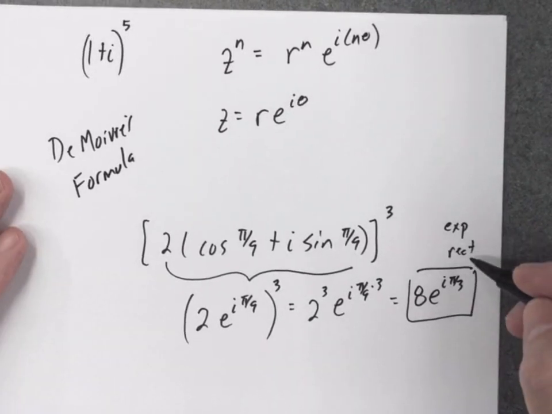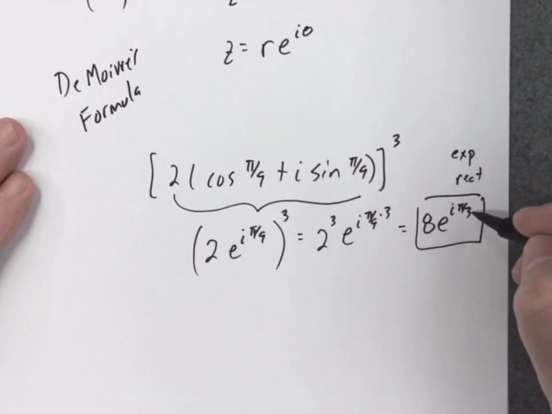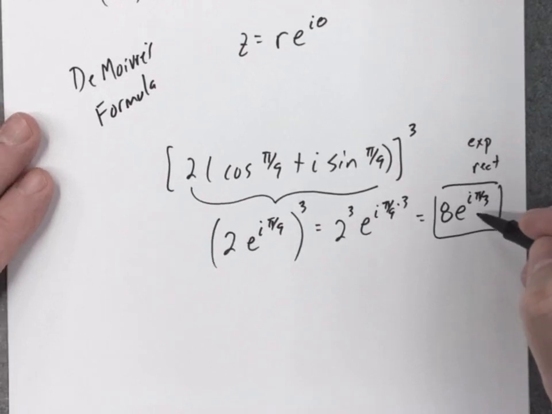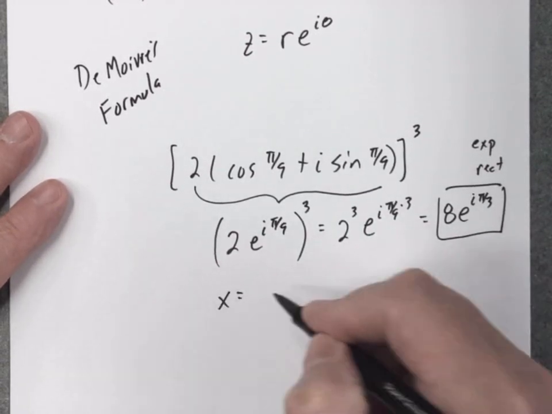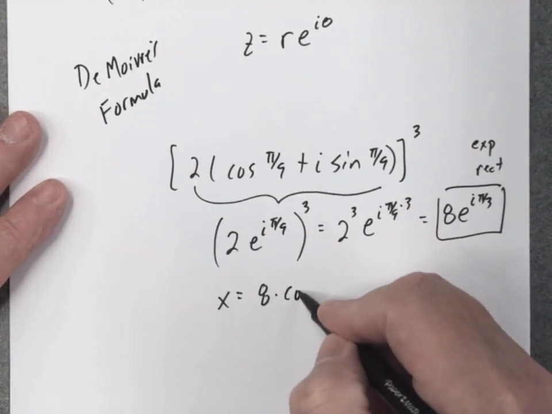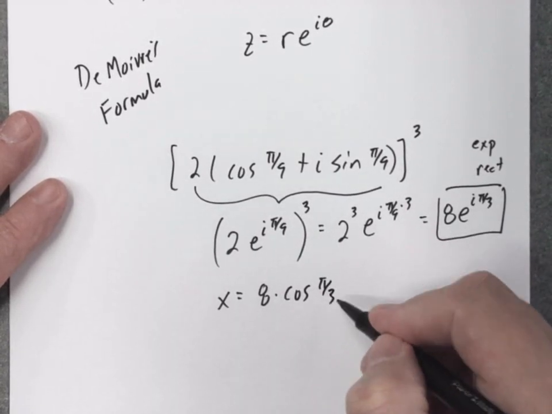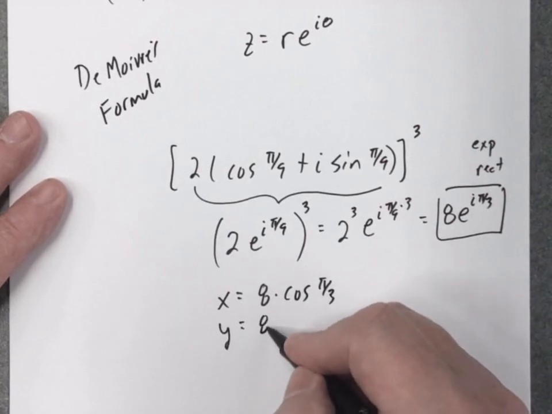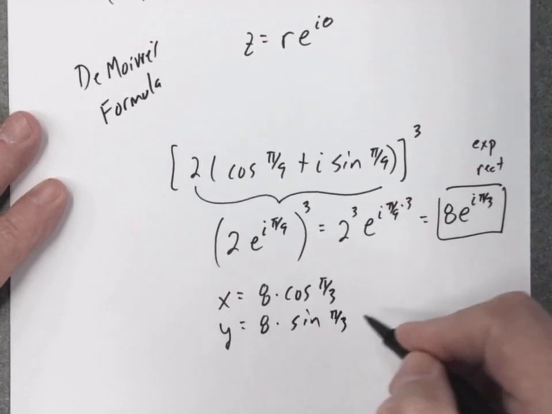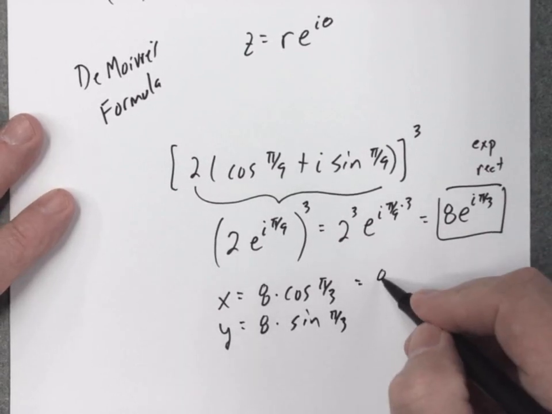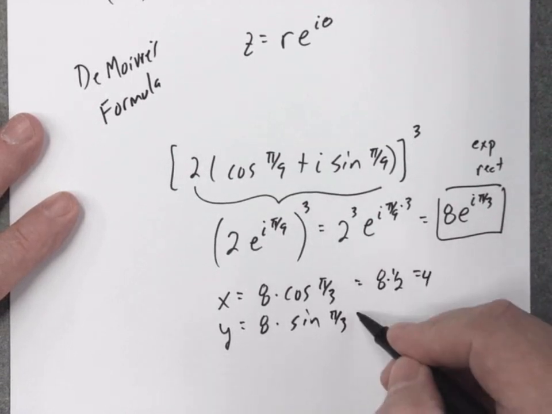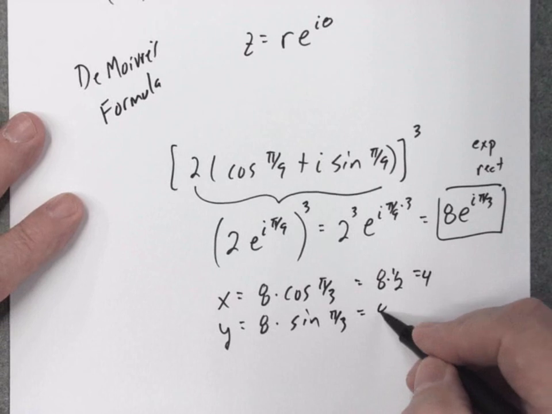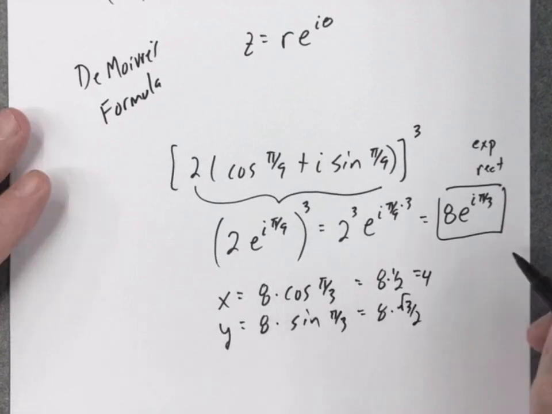Now if we want to write it also in rectangular form, we have to convert this to rectangular form. So here's r and theta. x is going to be r times cosine pi over 3. y is going to be 8 times the sine of pi over 3. These are actually special angles. Cosine of pi over 3 is 1/2. Sine of pi over 3 is square root of 3 over 2.